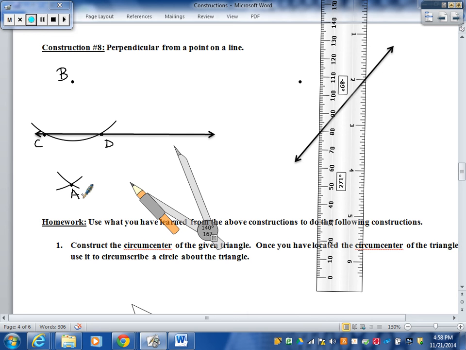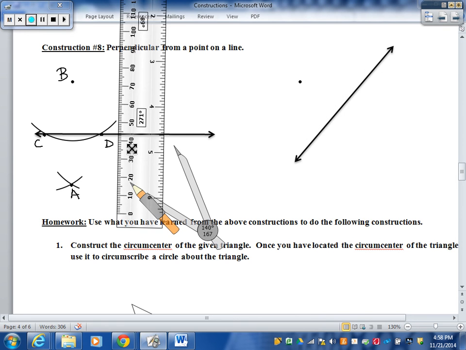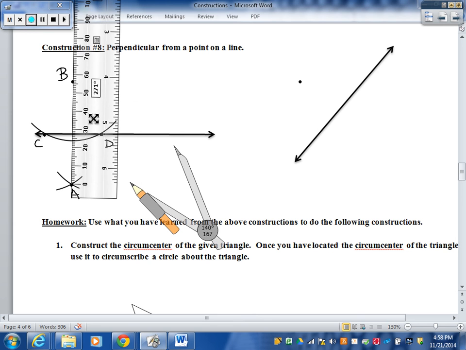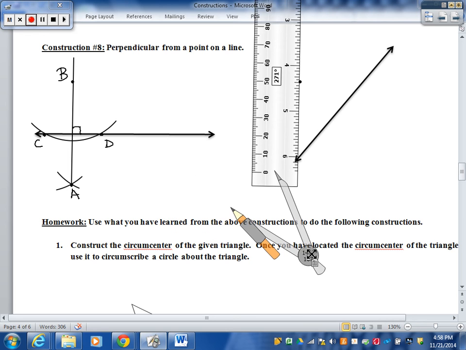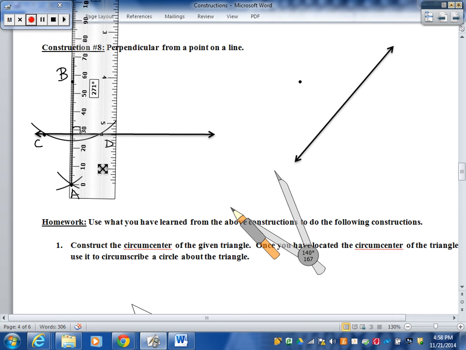Now, if I go ahead and connect A to B now, the result is going to be a perpendicular line. Okay. Now, why does that take place? Well, this actually ties in nicely also with something that we just talked about, and that's this.